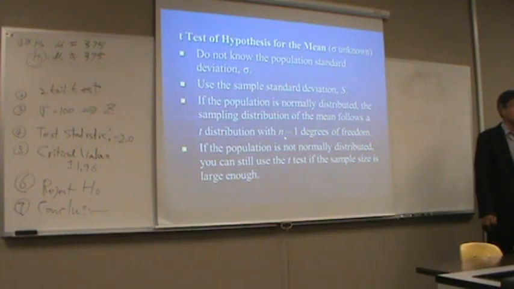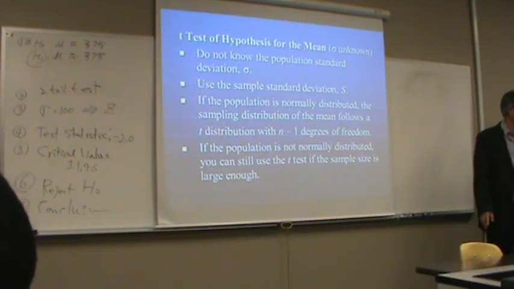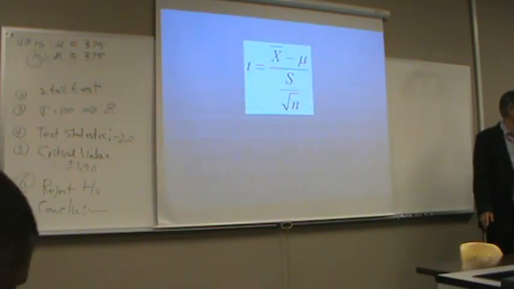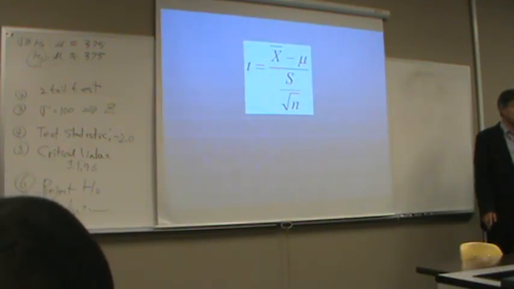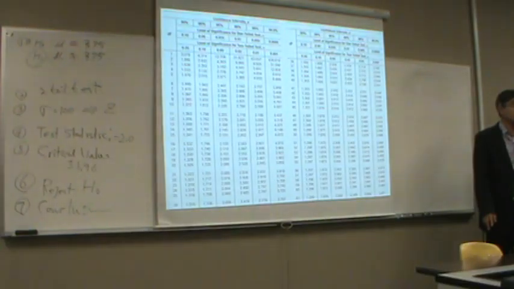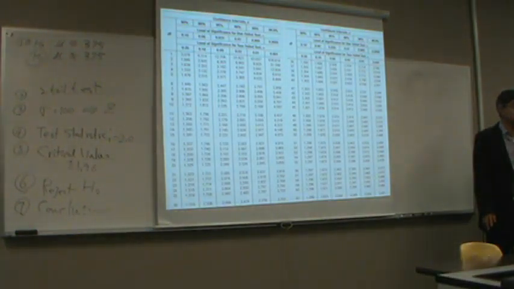If we use a formula and chart, then when we find the critical value from the chart, use n minus 1 degrees of freedom. This is the test statistic for the t-test. The critical value comes from the t distribution table.